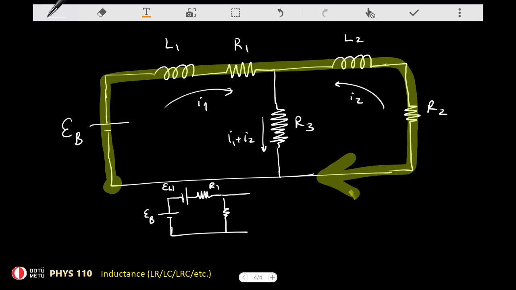And I'm going to replace the EMF device for L2 with a face looking towards left this time, because the current is along that direction. And then we have R2. So this is EL2, R2. The current in here is I2. The current in here is I1.